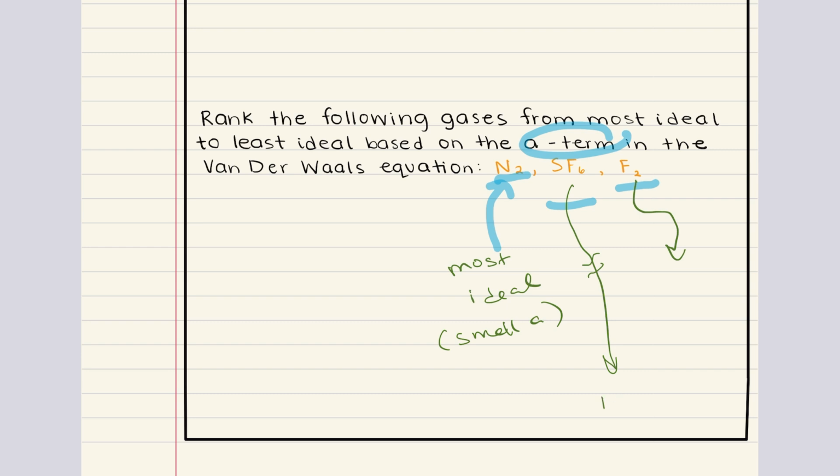So it's going to be the least ideal. So it's going to have the highest a value. So we can write nitrogen gas is going to be the most ideal, followed by approximately the fluorine gas, and then the sulfur hexafluoride. This is going to be the least ideal.